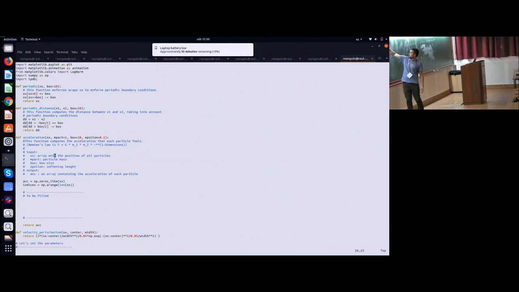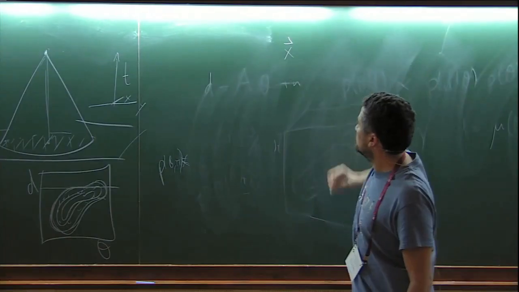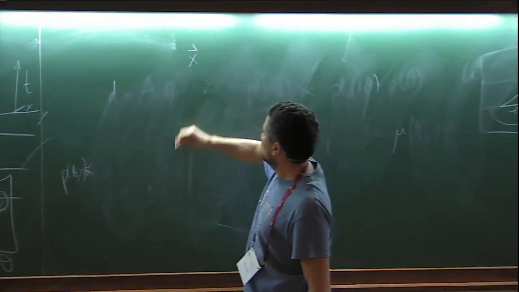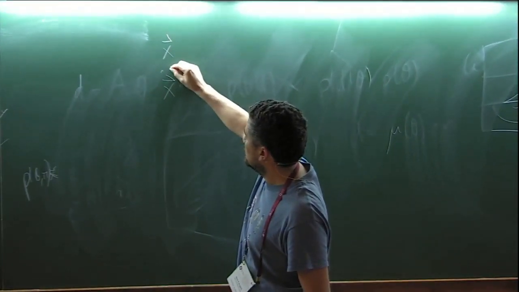We are going to receive as an input a vector x, so we have to compute what is x double dot.